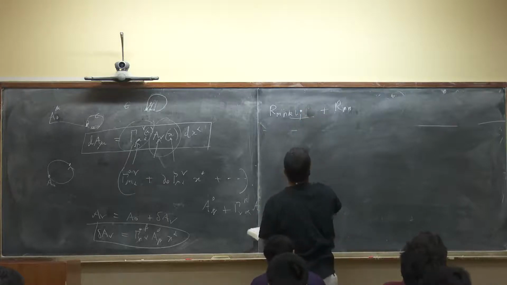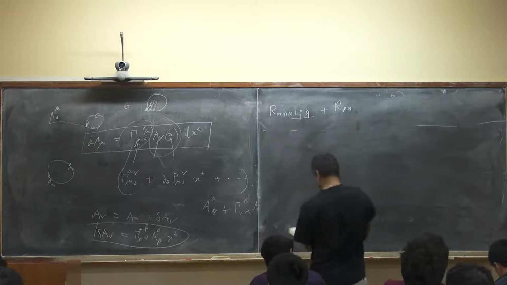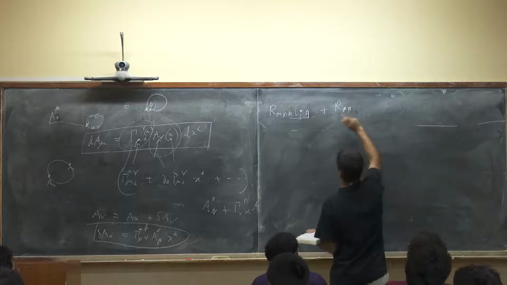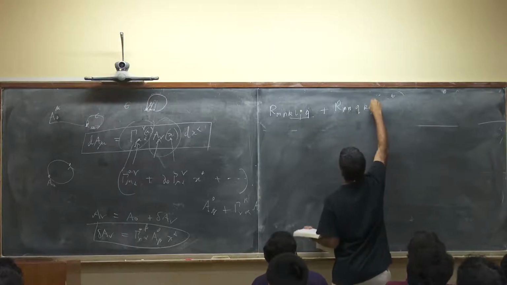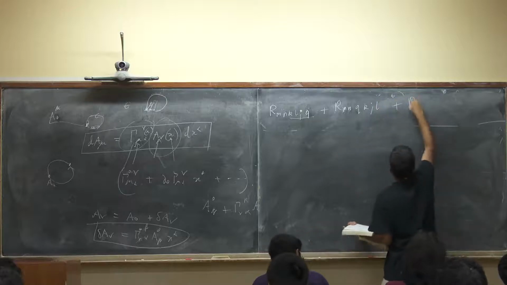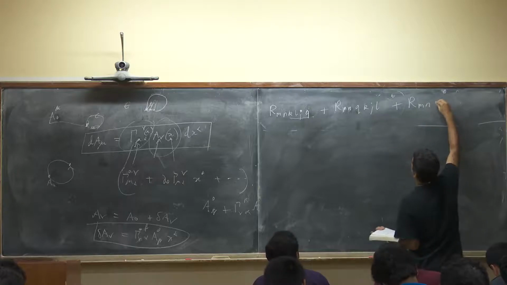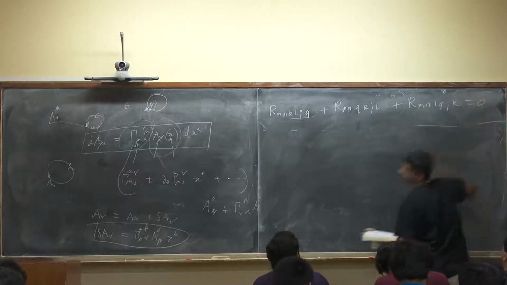Let's use Q. Okay, so this is R M N K L; Q, and we just circulate. So R M N K L; Q plus R M N L Q; K plus R M N Q K; L is equal to 0.